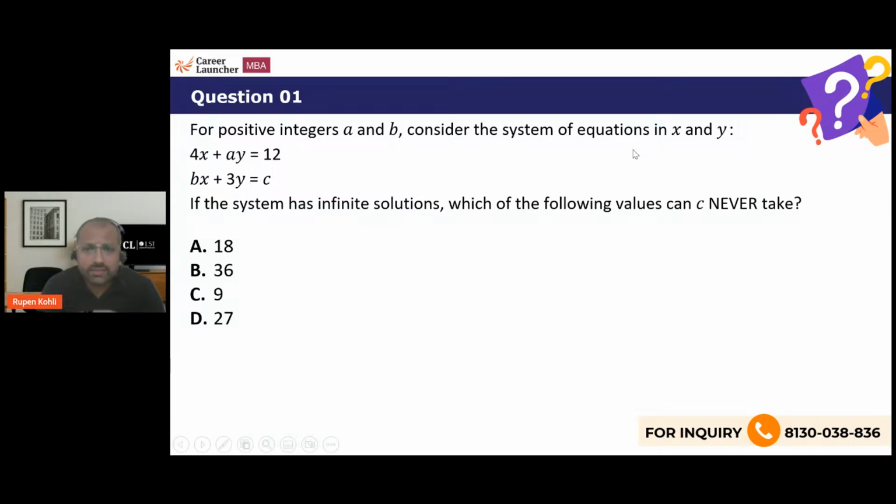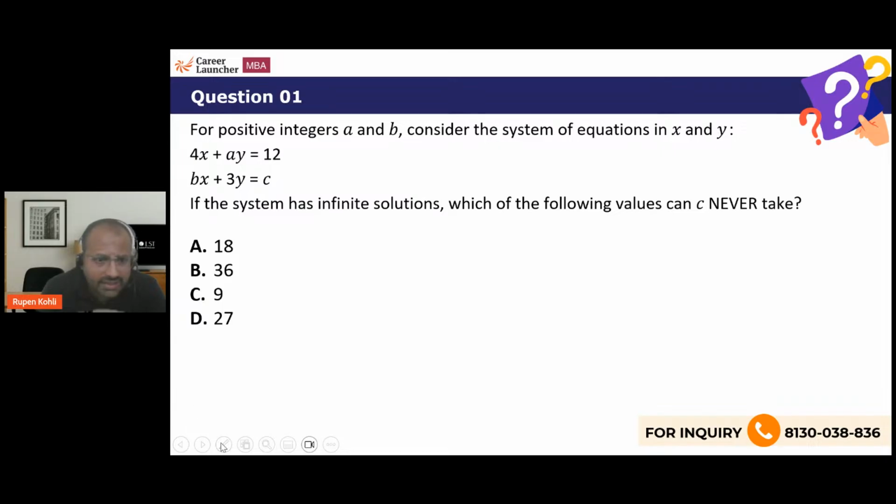So this is the kind of problem we have seen many times, where the questions are mostly put in the negation style. So the system has infinite solutions, but which of the following values can c never take? So you have to find all the possible values of c, and then out of the four options, three would be possible values of c, and you have to mark that option which c can never take.